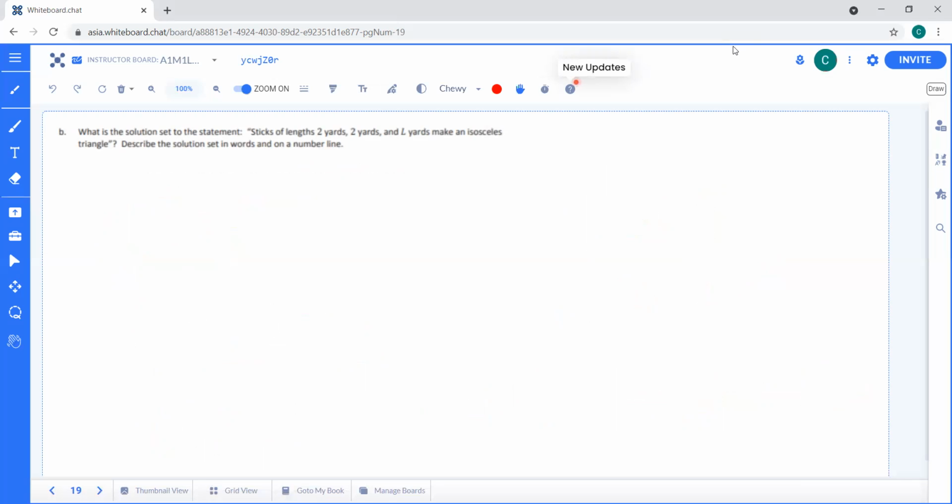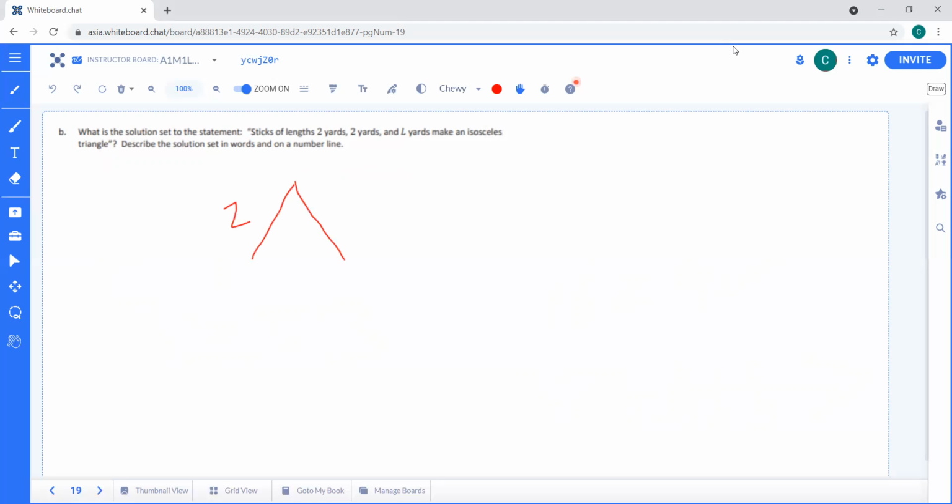What is the solution set if sticks of length 2 yards, 2 yards, and L yards make an isosceles triangle? Describe the solution set in words and on a number line. So 2 yards and 2 yards.